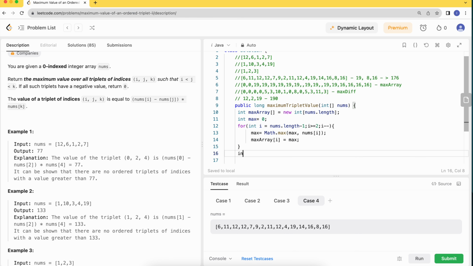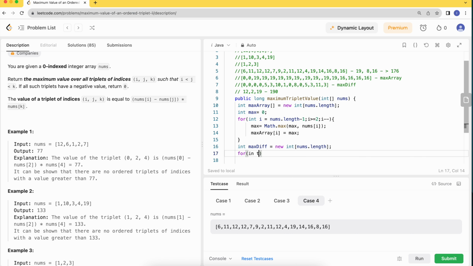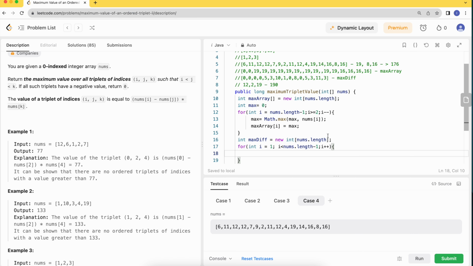Now let's compute the max difference. Nums.length, so we need to compute it from the very first index, i less than nums.length minus 1, i plus plus. So here we need to compute the maximum.